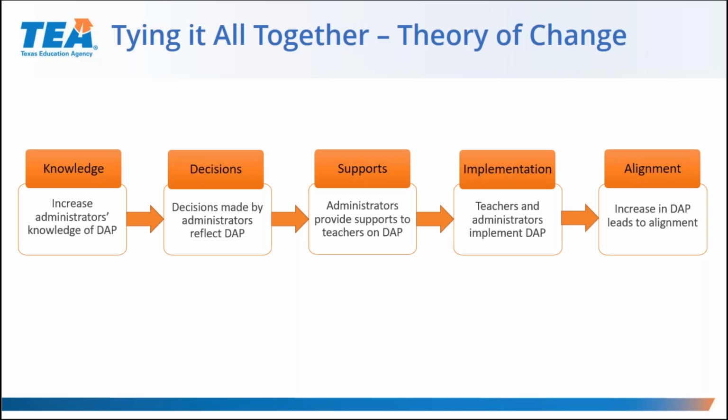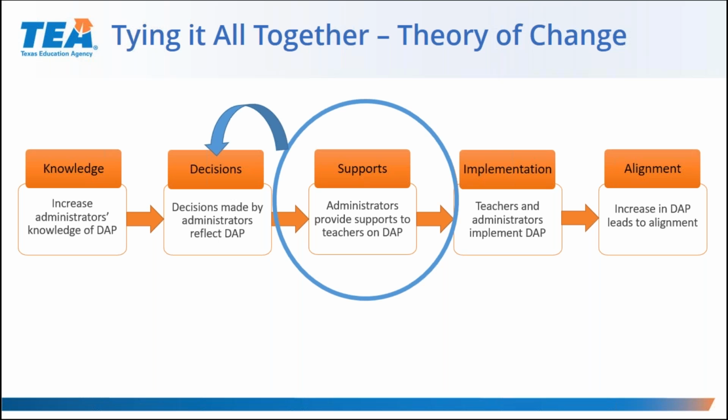Back in Unit 1, we introduced our theory of change. In Unit 1, we really started by looking at administrators' knowledge and decisions around vertical alignment. And today we started to talk about what are some supports that administrators can provide to teachers so that they can better implement developmentally appropriate practice. Those supports that we talked about are vertical alignment meetings, admin and peer walkthroughs, and professional development.